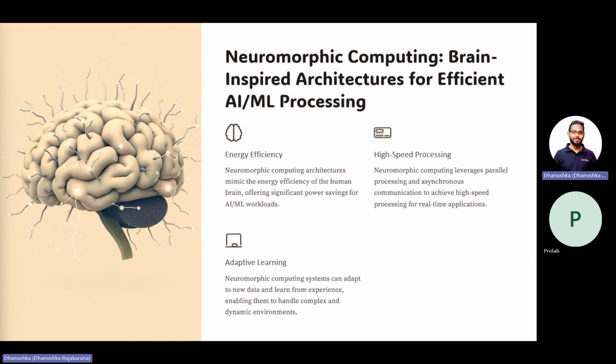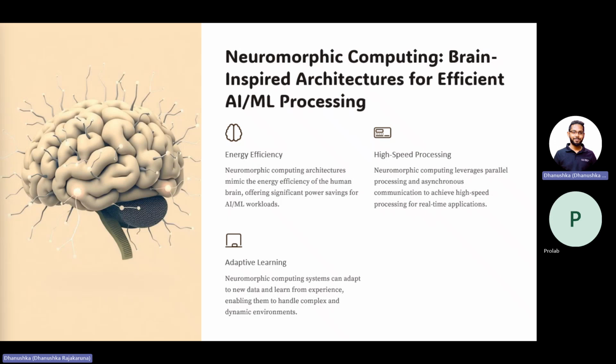The prominent neuromorphic platforms are IBM TrueNorth, Intel Loihi, SpiNNaker from the University of Manchester, BrainScaleS.